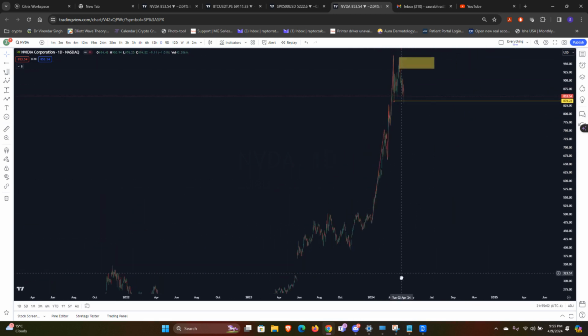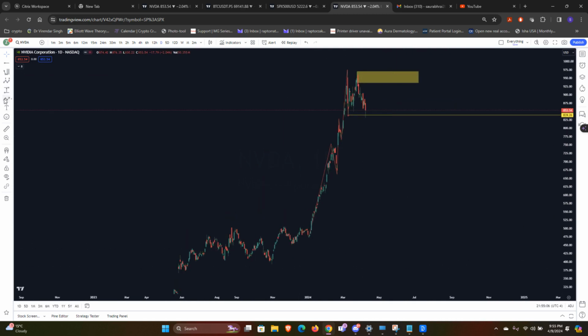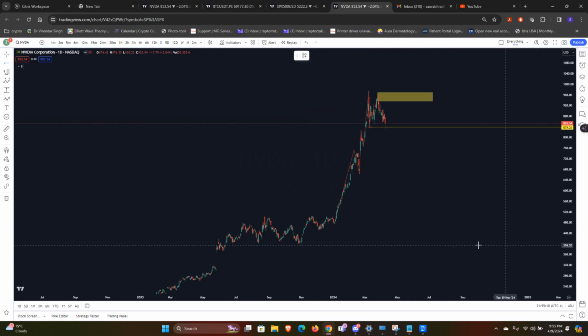So let's look at this low. So this was the low, significant low, that basically created a high. And then we started printing this distribution pattern over here.